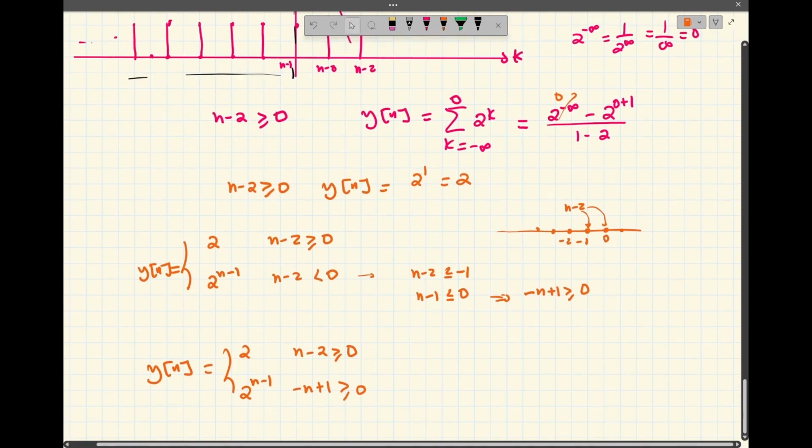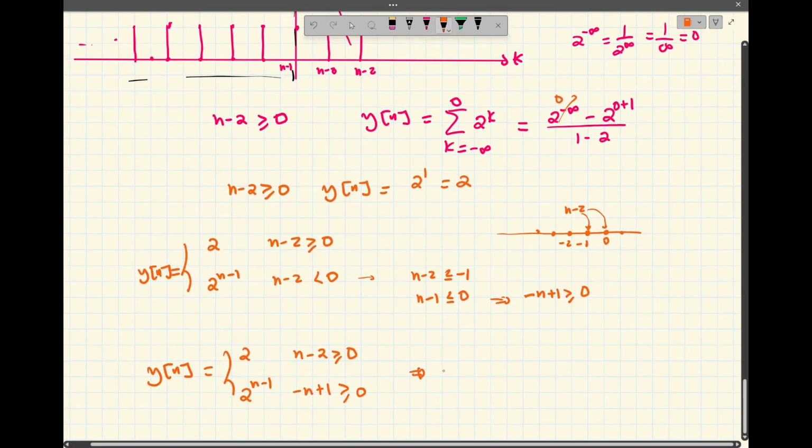In that case, I can express this in terms of the unit step. So y of n will be 2 times u of n minus 2, plus 2 to the n minus 1 times u of negative n plus 1.